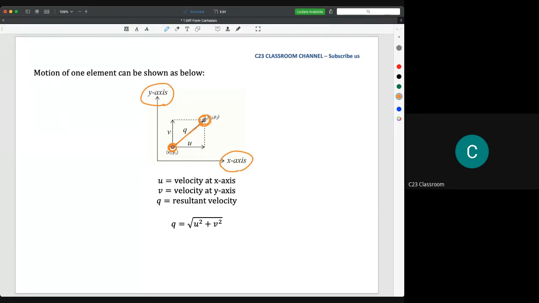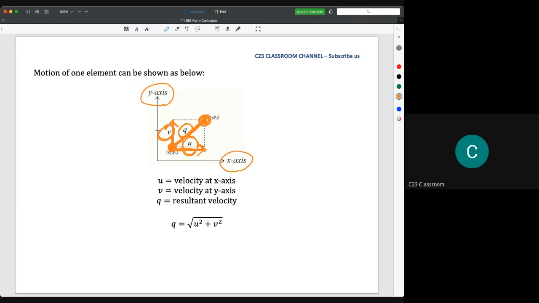In reality, this molecule moves from this point to this point, and you could measure the velocity as q. However, this total velocity, the resultant velocity, in mathematics can be said to have an x direction velocity and a y direction velocity. The x direction velocity is written as small u, and the y direction velocity is written as small v, like this.